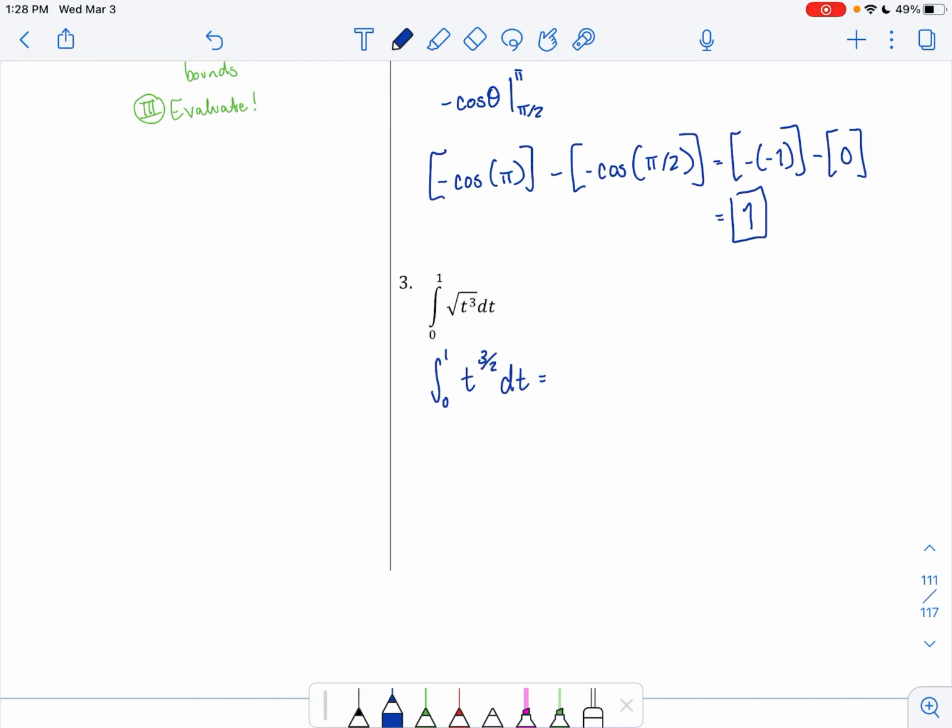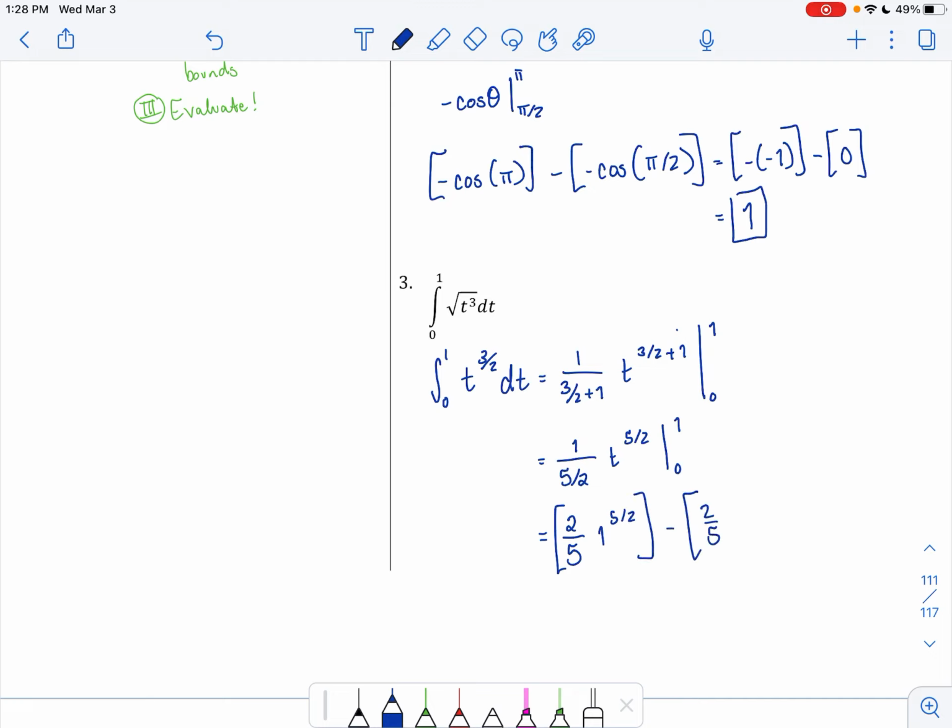Simplifying that, we end up with 1 over 5 over 2, t to the 5 over 2 from 0 to 1. 1 over 5 over 2 is the same as 2/5. Plug in 1 for our upper bound, minus 2/5, 0 for our lower, and you end up with 2 over 5, since 0 to any power cancels out, and this is just 1.